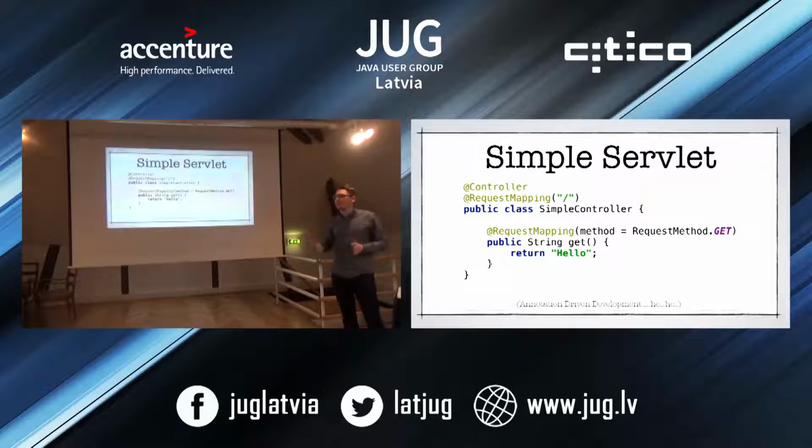But when we start relying on annotations, we are not controlling the process, and we don't know how it works. So how can we test the request mapping? If we create a simple controller and we test only the get method, we haven't tested the if statement: when anyone does a request on slash and it's a get, it should get here. So this part we are missing.